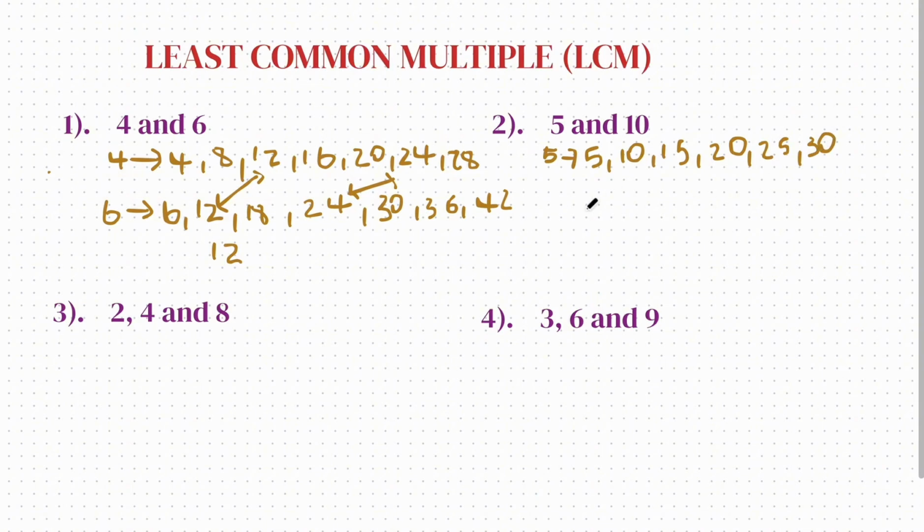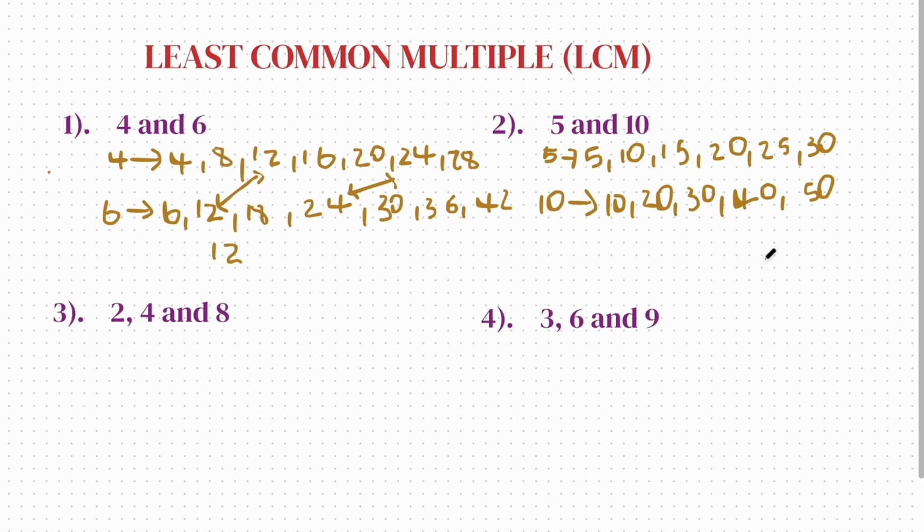Let's list some multiples of 10. So we have 10, 20, 30, 40, 50, and we're going to stop right there.